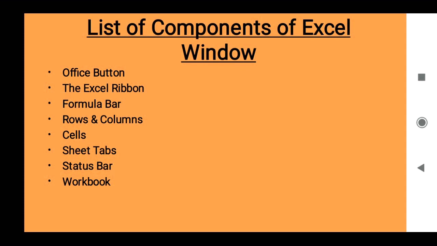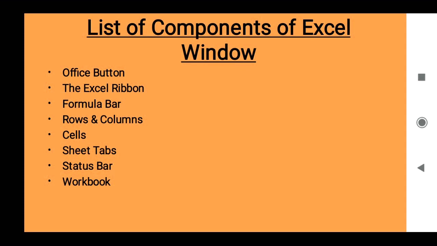The next one is rows and columns. Rows are horizontal lines of cells. Columns are vertical lines of cells. What are cells? The boxes formed by the intersection of rows and columns. Sheet tabs. Default sheet tabs are 3. Each of these tabs represents a spreadsheet.